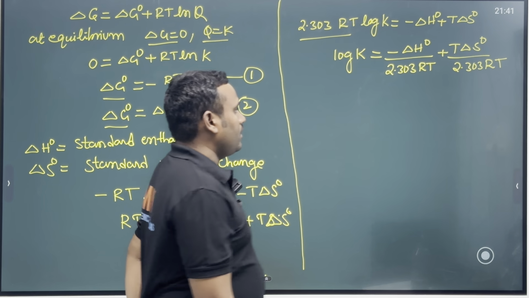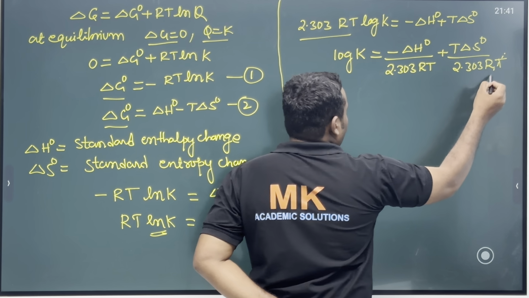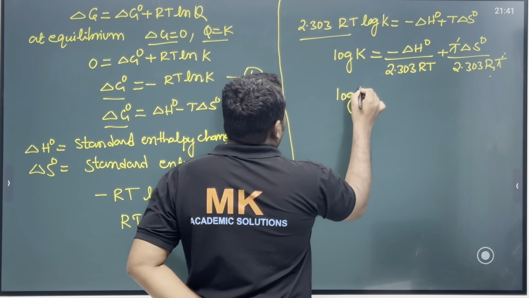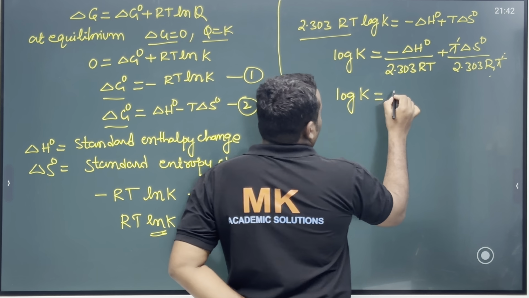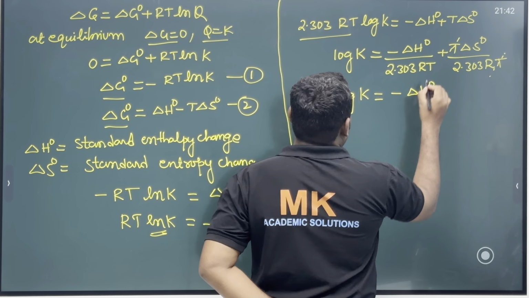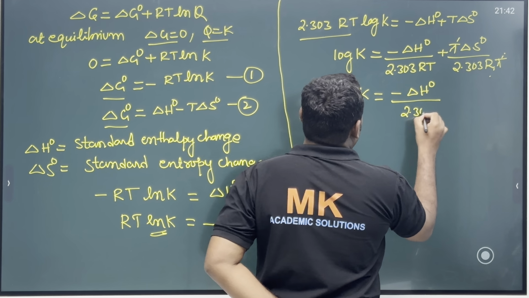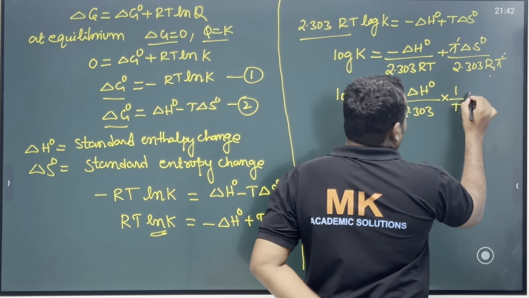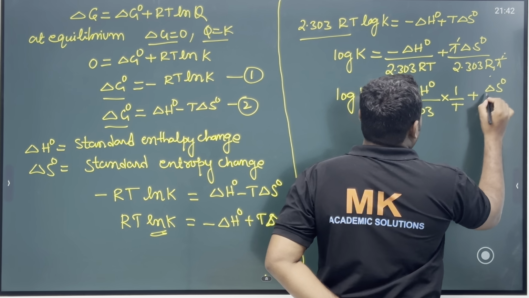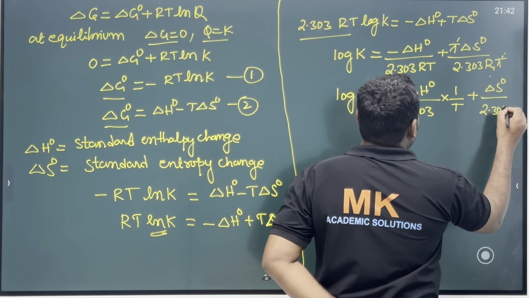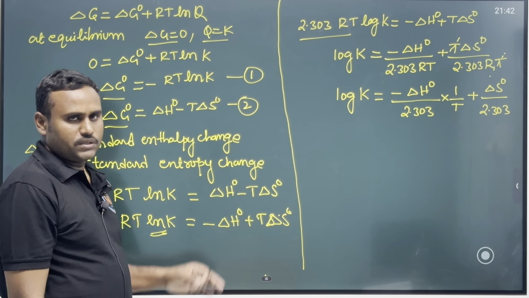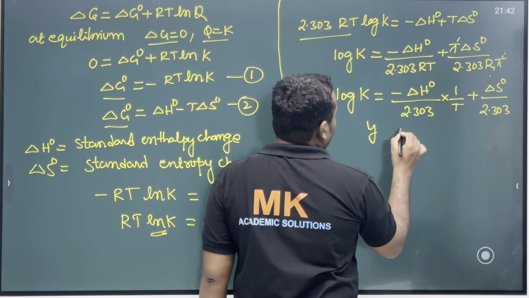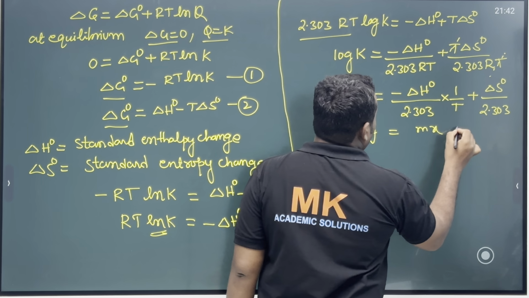Okay, so now here T will get cancelled out. Therefore it will become log K is equal to minus delta H naught by 2.303 R into 1 by T. This T I am going to separate, plus delta S naught by 2.303 R. Now this equation is just looking like y is equal to mx plus c.